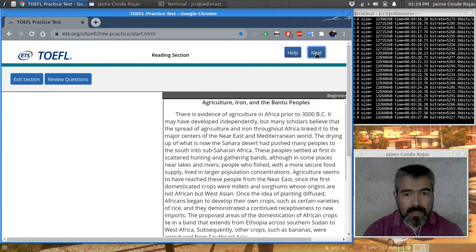So we can read quickly the text to get the idea, and then read the questions. By reading the questions, then we can look for that information in the text.